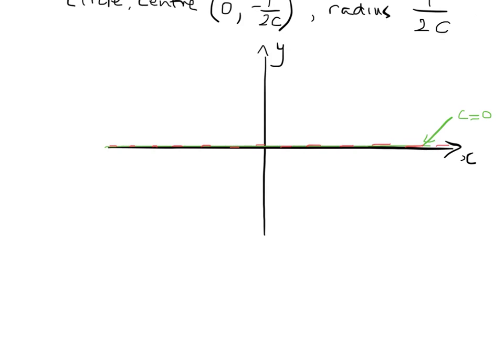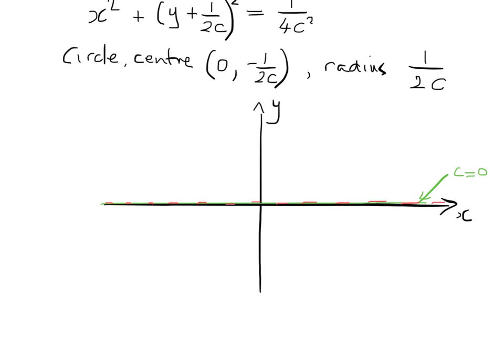Okay, so for c equals 1, our circle has centre 0, minus a half. So 0, minus a half, that's there. And its radius is a half. That's from putting c equals 1 here.